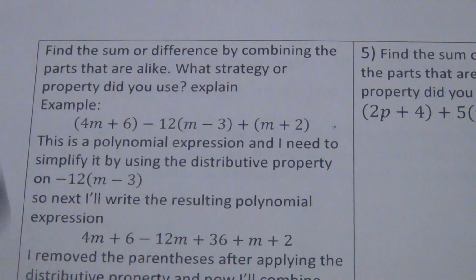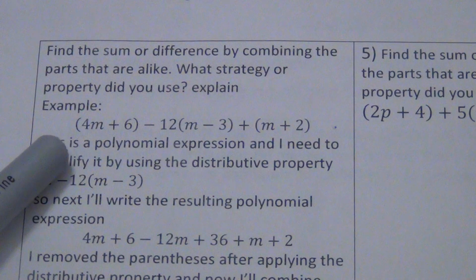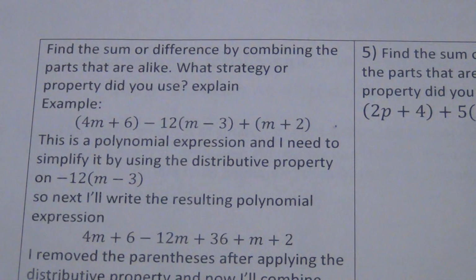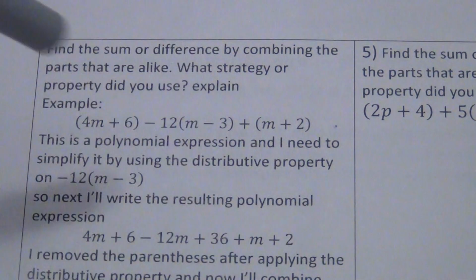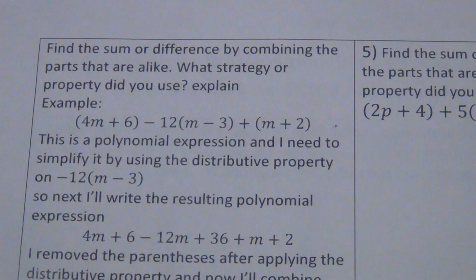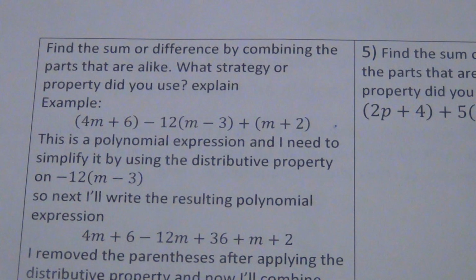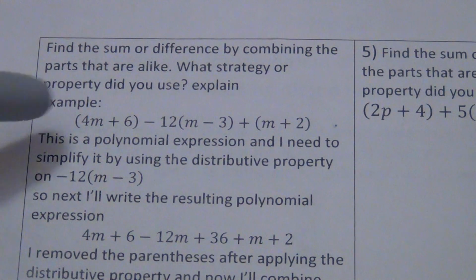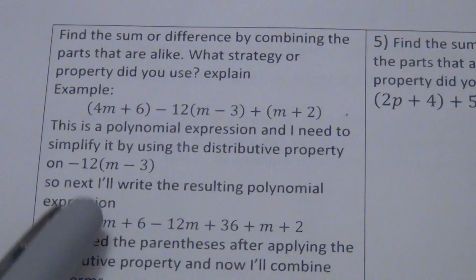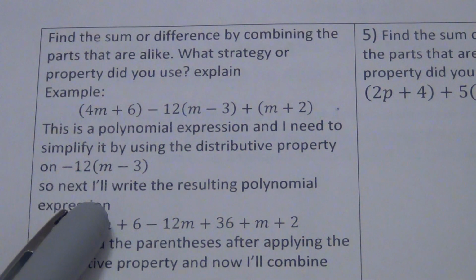Explain. So, you're given this polynomial right here, or this algebraic expression, and you're supposed to simplify it by combining like terms, or using the distributive property, or using the commutative property. So let's see. Sorry, just follow this. This is the way I need you to answer this problem.